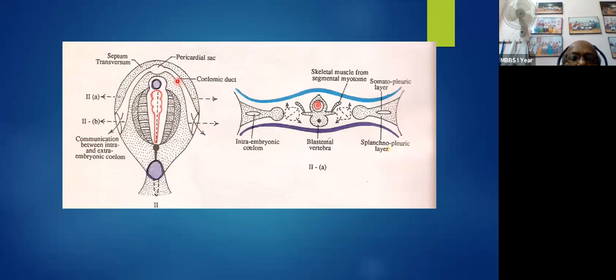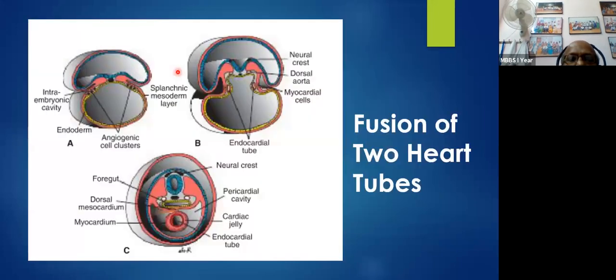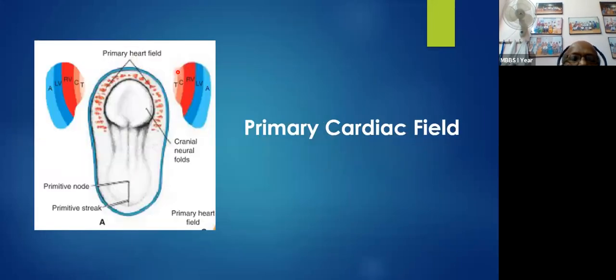Now if you see that intraembryonic coelom, what you have at the site of your pericardial bar is called the pericardial sac. In relation to that pericardial sac only, we have the development of heart. Now you see this mesoderm. In this mesoderm, you are able to make out red colored structures.